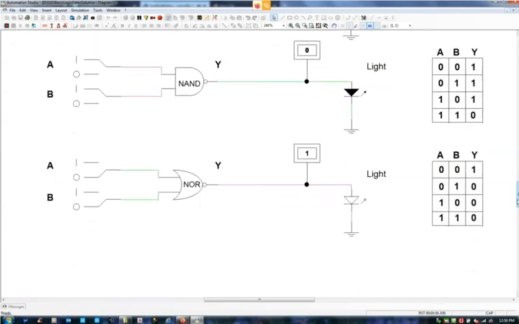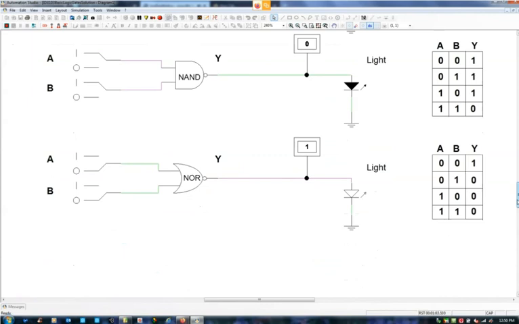The opposite of a NOR, or I should say, is a NOR. So as you can see here, the truth table for the NOR is the opposite of an OR. So in this case, 1s make our output 0. Right now we can see that we have a 1, which means we have a path for voltage to control this light.